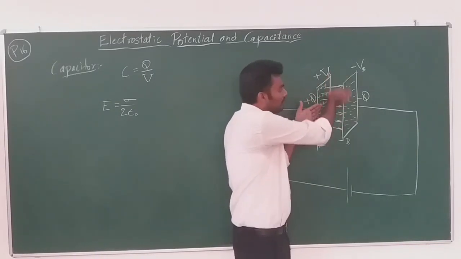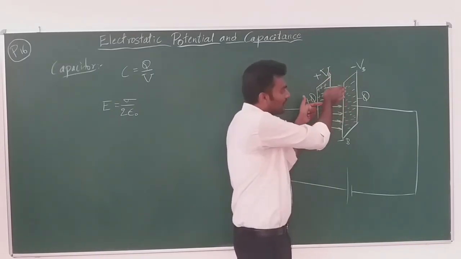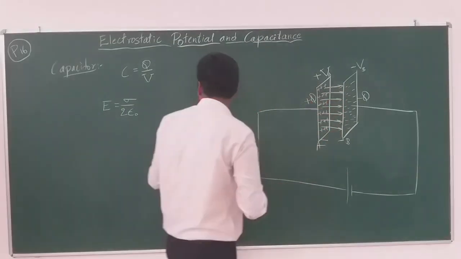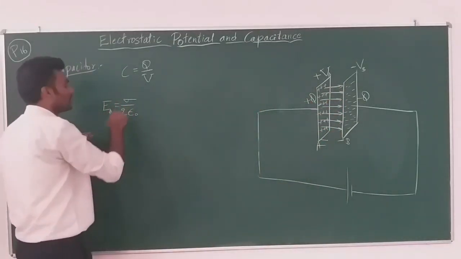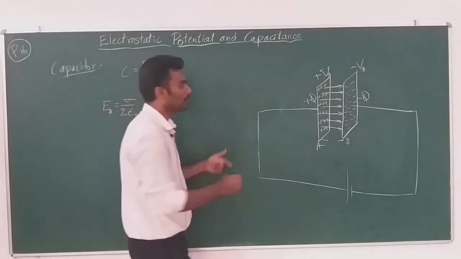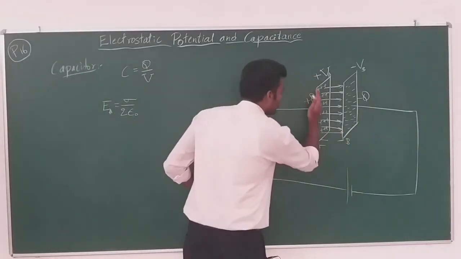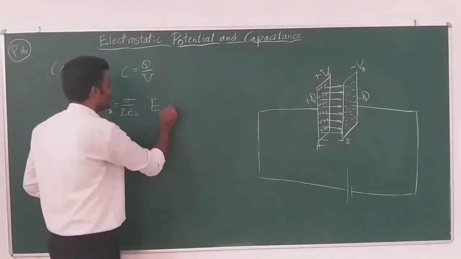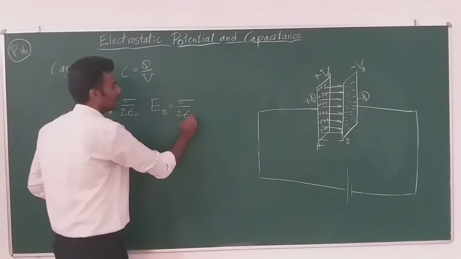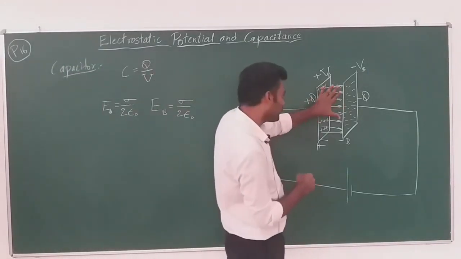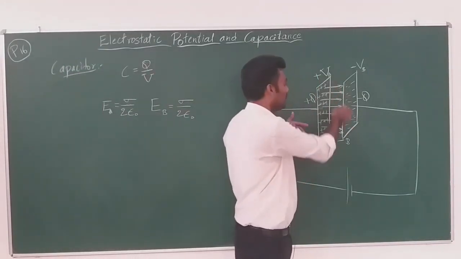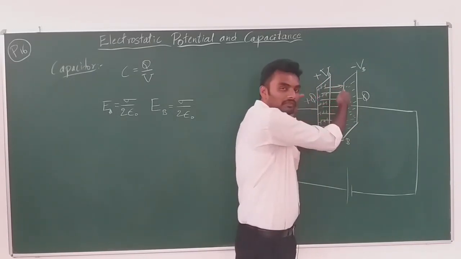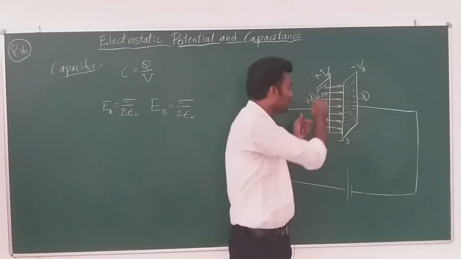And for the negative charge, once again you have field like this. So I can take EA equal to sigma by 2 epsilon naught in this direction due to this plate. And similarly EB will also give us sigma by 2 epsilon naught, because even though this plate is not there, this will have its own electric field EB in the same direction, because it's negative, the electric field lines will go towards the negative plate.